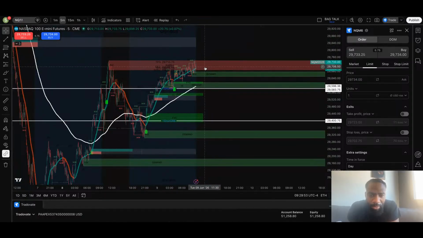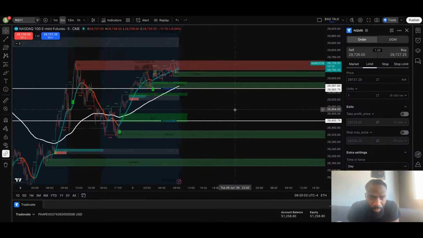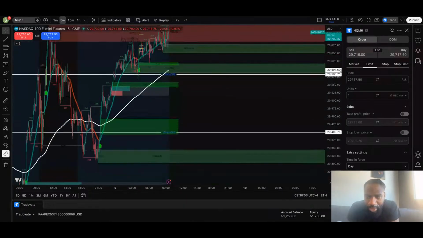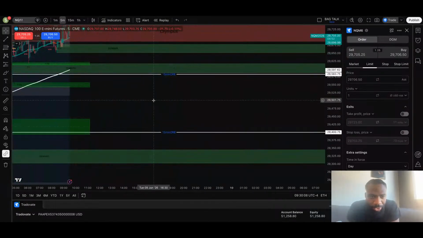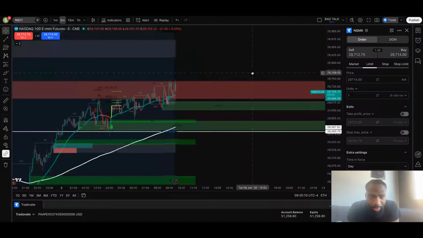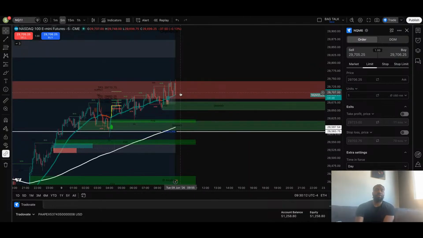It's actually a major supply zone. Last time price came up here, it dumped. So let's see if buyers can take control today, or are the sellers going to step in off of the supply level and take price back down.